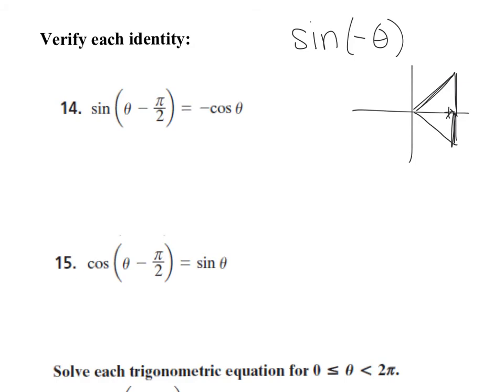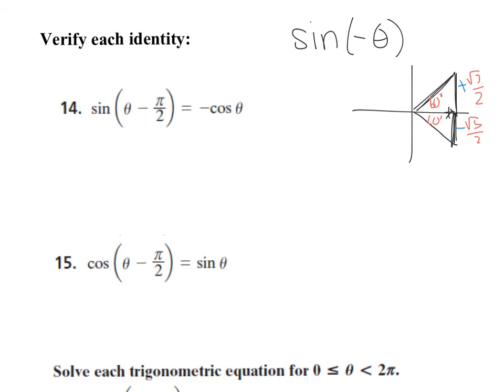So I'm just going to use 60 degrees as an example right here. For 60, this is going to be root 3 over 2. However, the sine of negative 60 is negative root 3 over 2, and the sine of positive 60 is positive root 3 over 2.